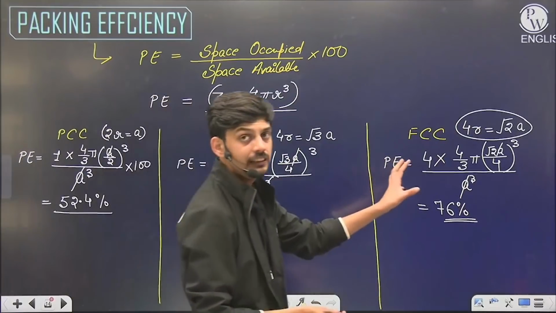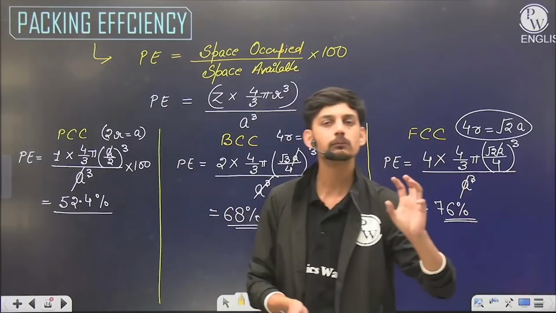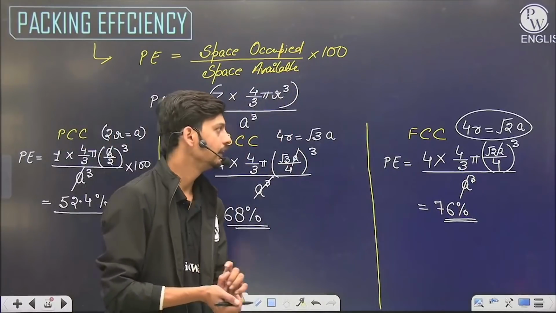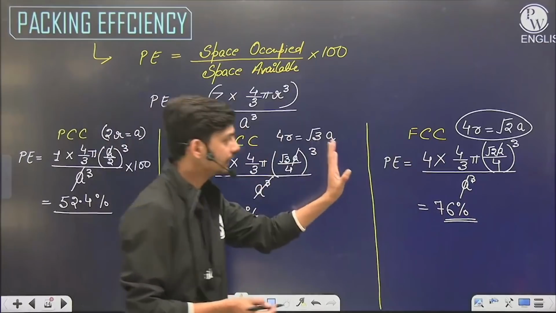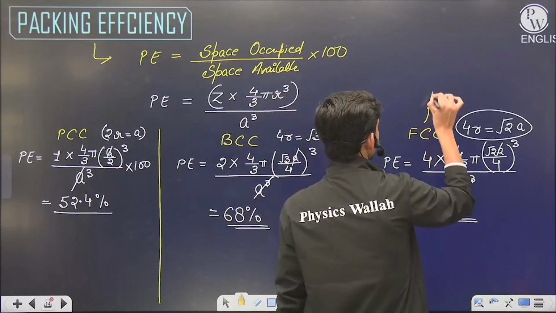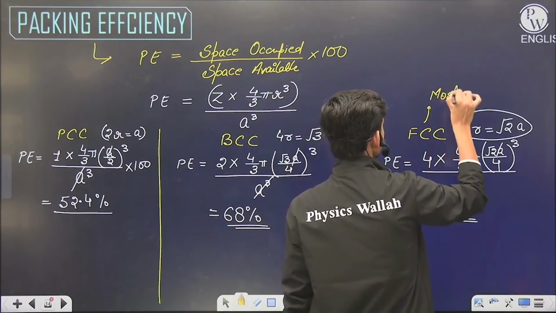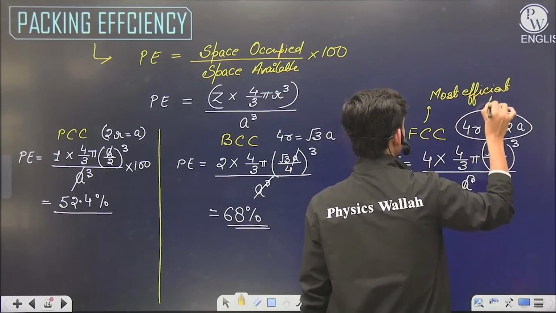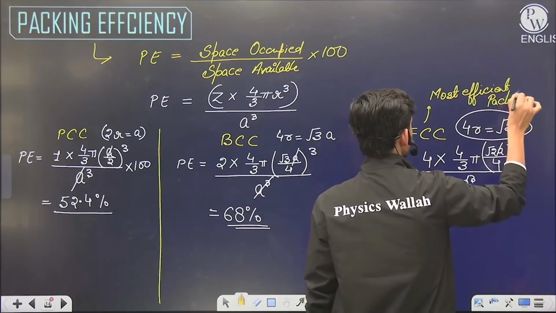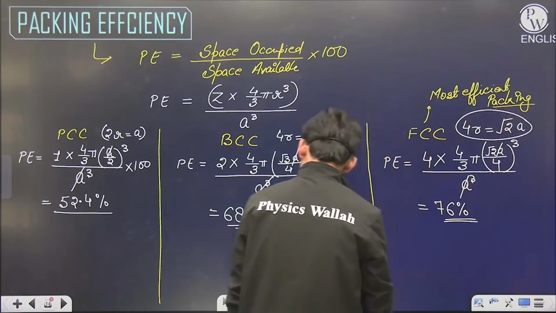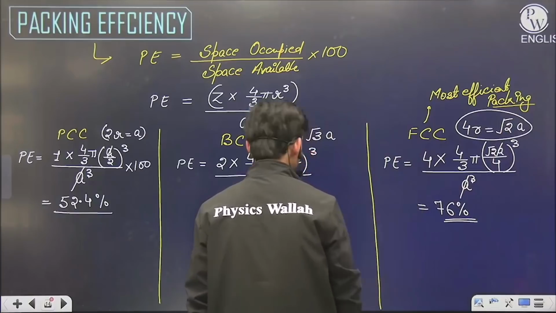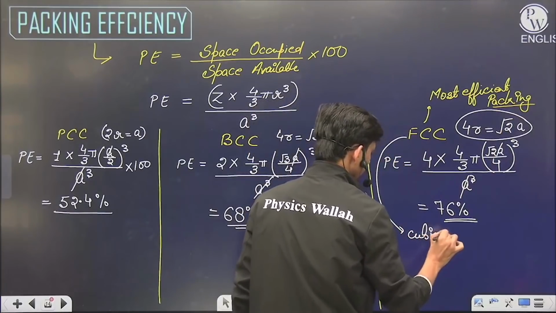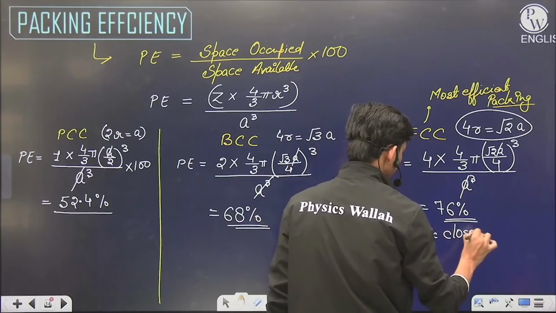And for FCC, almost 3/4 of the space is occupied, while 1/4 space is empty. So you can see that FCC is the most efficient packing. And that's why only FCC is also called cubic close packing.